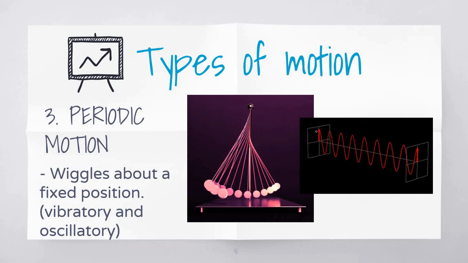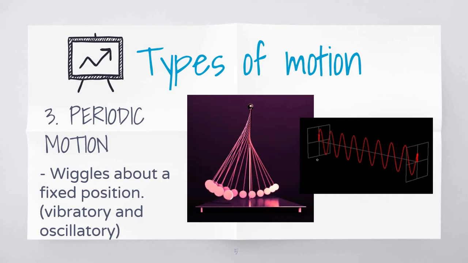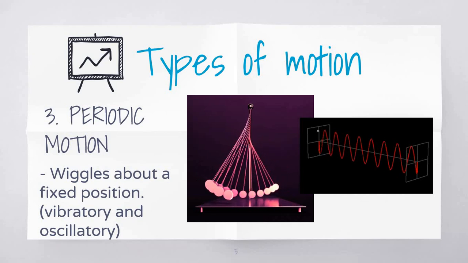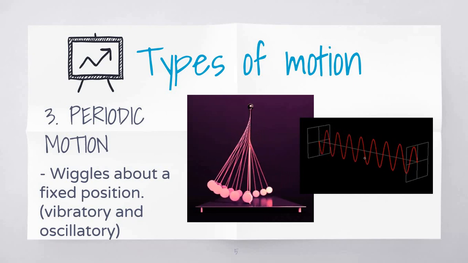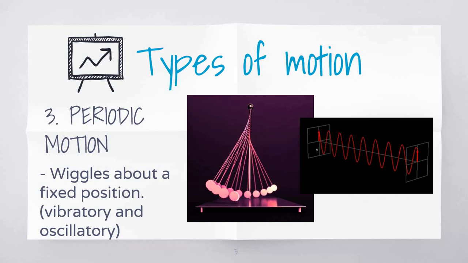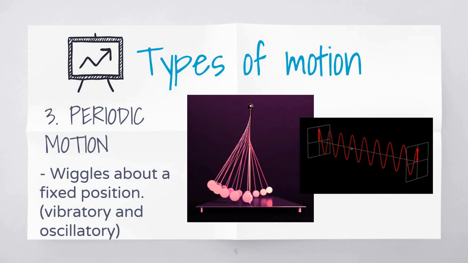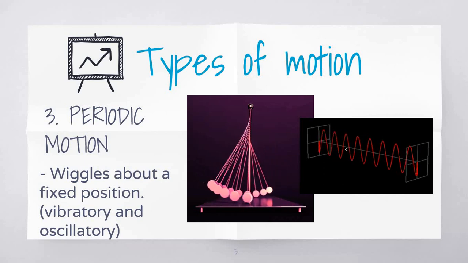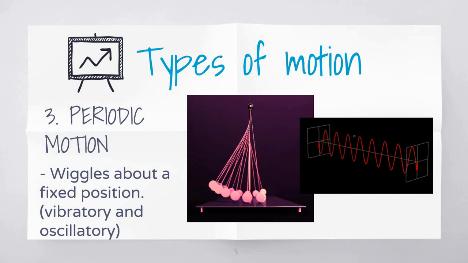And in this one, the particle moves up and down on that particular two-dimensional plane, and that gives us this wave-like motion. So it oscillates and then produces this wave-like motion. So this is definitely an example of periodic motion.